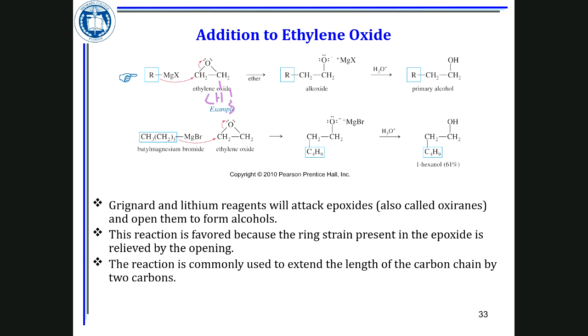If you have a methyl group attached here, are you going to get the primary or secondary alcohol? Another question, would the nucleophile attack carbon A or carbon B, if you had a methyl group attached to carbon A?